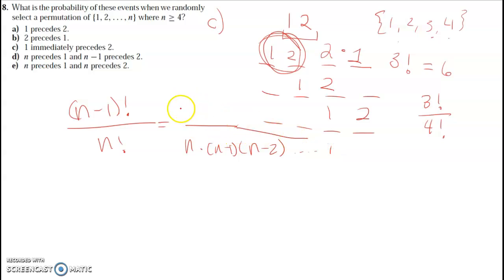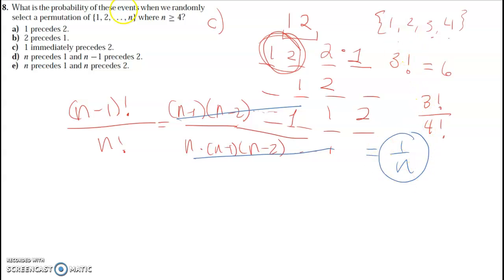And the numerator is n minus 1, n minus 2, and it goes all the way down to 1 as well. So all of this part would be canceled out, so we will be left with 1 over n. So this is our answer for C. C is 1 immediately precedes 2. The probability of that happening is 1 over n.